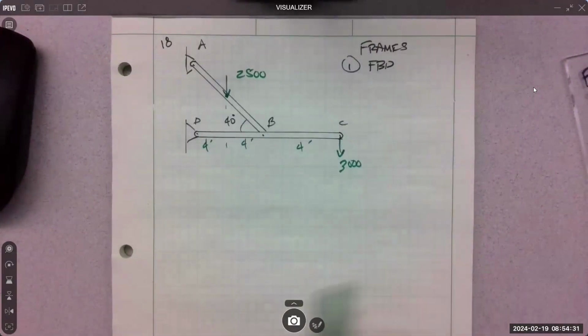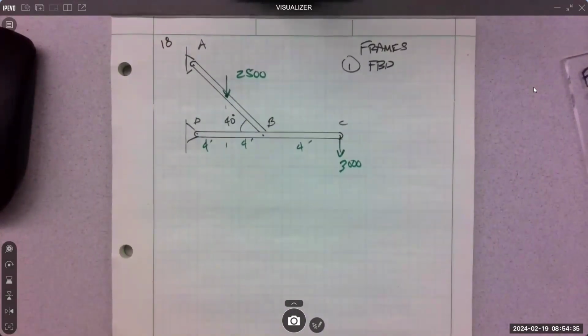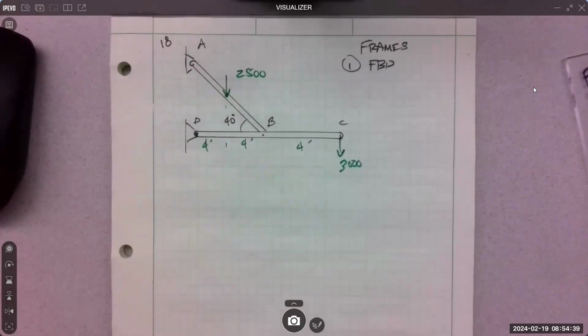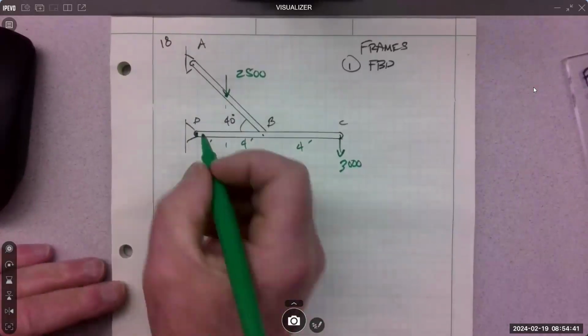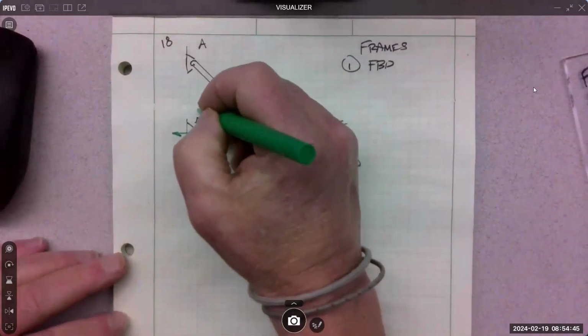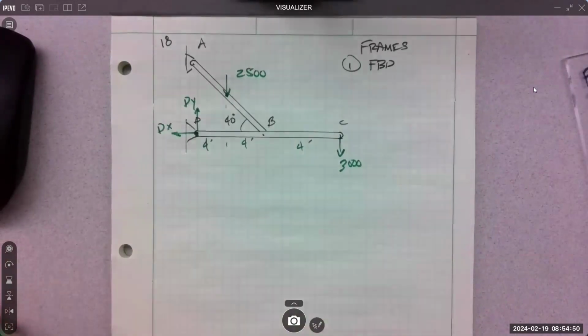So pull out the pins, put in the reactions, take a guess at the directions. At D, we have a pin. How many reactions does a pin get? It gets 2, X and Y: D_Y, D_X.